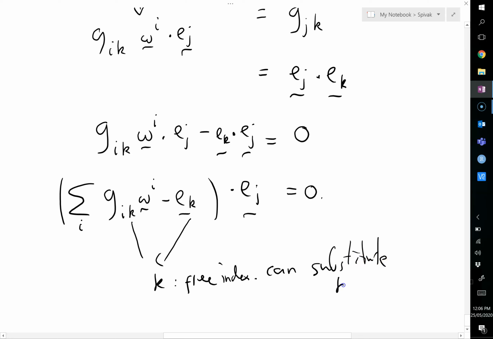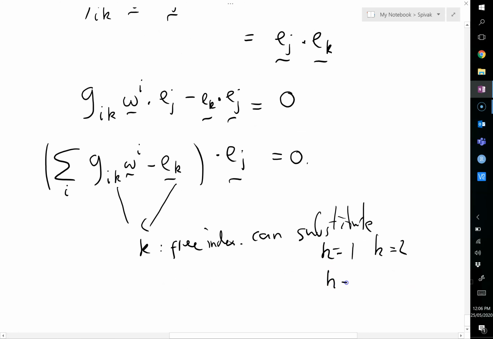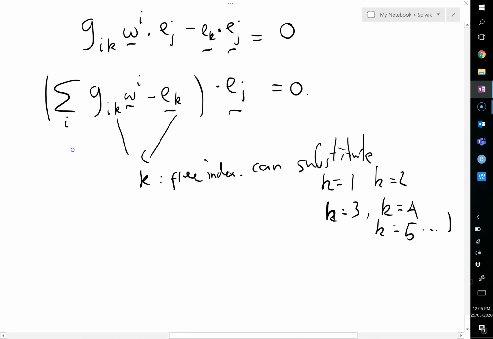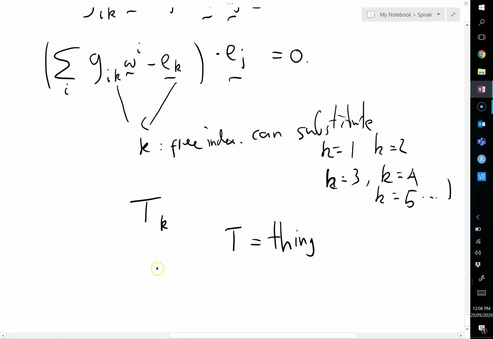Substitute k equals 1 and it will work, k equals 2, k equals 3, and if I'm working in a 4-dimensional space, k equals 4 or 5, as high as I like. It'll work for any k. So I'm going to rewrite that expression as t_k, and I'm going to say that t_k dot e_j equals 0.